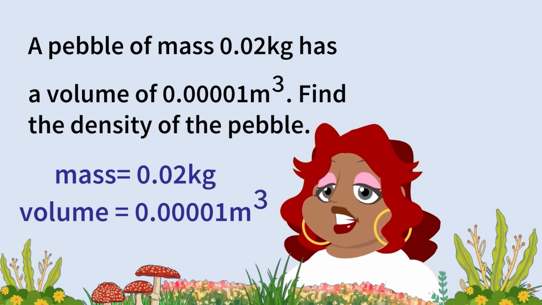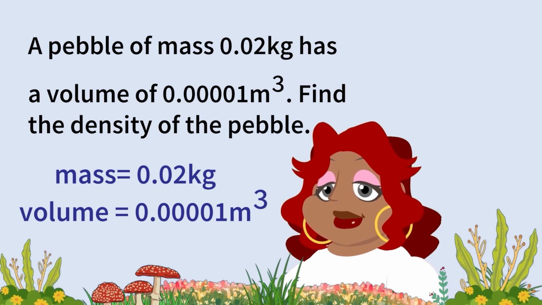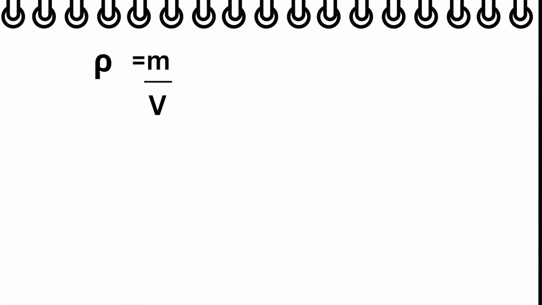Okay, well, since we know the formula to calculate density, I'll write that down first. There it is. Density is equal to the mass of the material or object divided by the volume of that same material or object. Next, I'll substitute the information that was given in the problem.